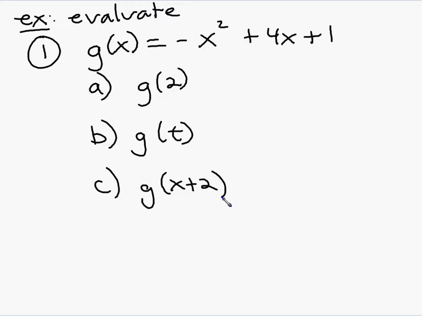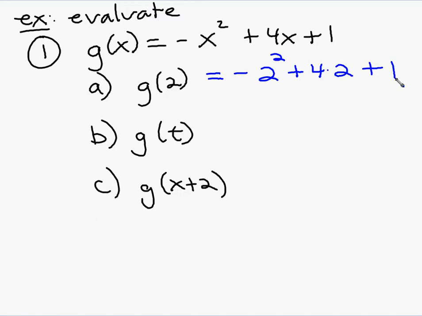So let's look at part A. Part A is easy. G of 2 means that I put 2 into the function machine. So where there's an x, I'm going to put a 2. So I'm going to have the negative of 2 squared plus 4 times 2 plus 1. You just put the 2 in and do what the function machine says to do to it. Now be careful with that negative.